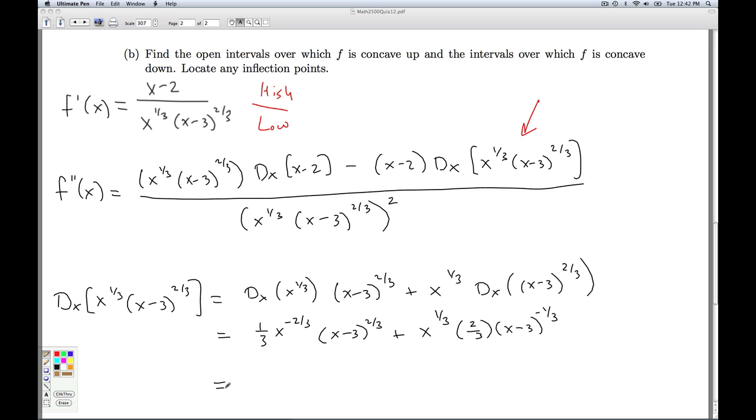Now I factor out what's in common. So I factor out the lowest exponents. And when I do that, I'm left with x minus 3 plus 2x.